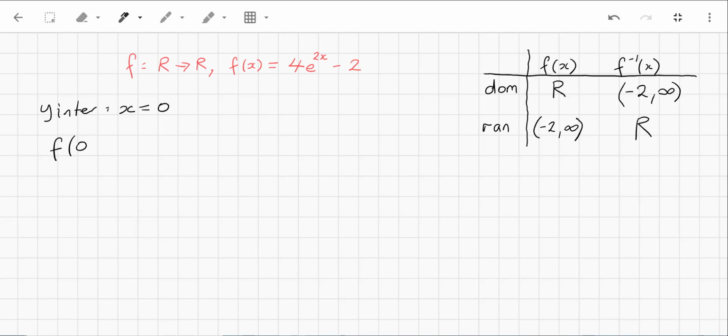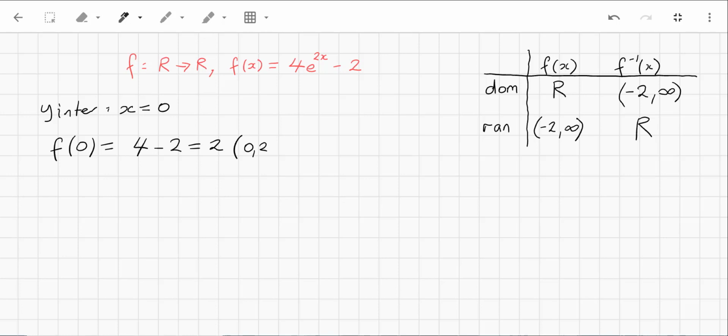F of 0 is equal to 4 e to the power of 0, and e to the power of 0 is just 1. So 4 minus 2 gives me 2. So (0, 2) is my y-intercept.